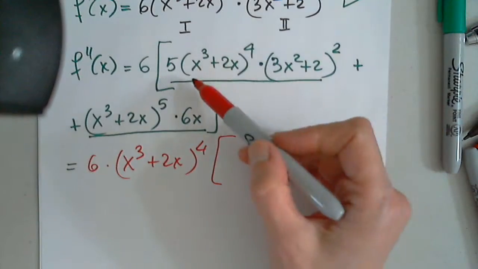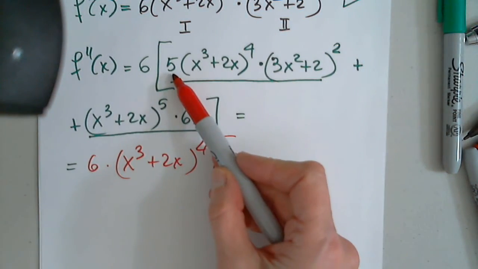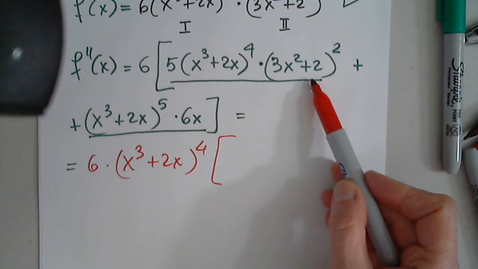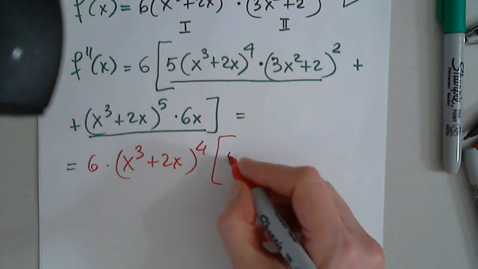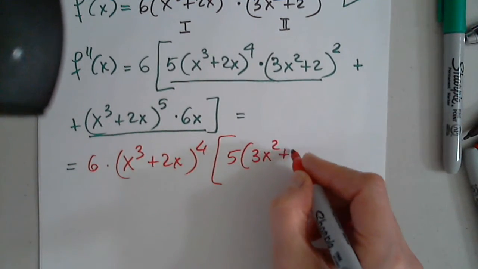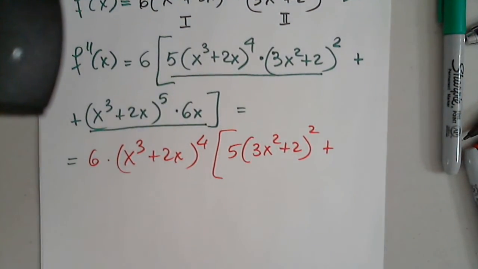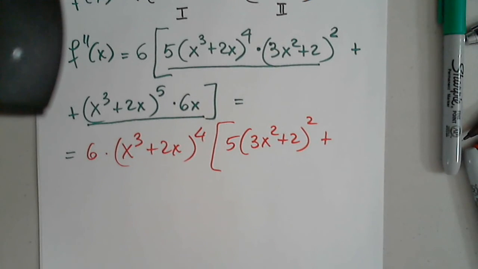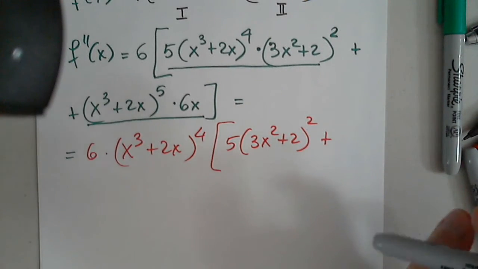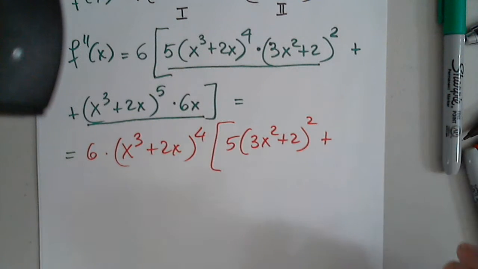So now this is out. 5 is still in, and (3x squared plus 2) squared is still in. Plus, what is left from the second term? Anyone else that I haven't heard yet? It'd be 6x that is left.